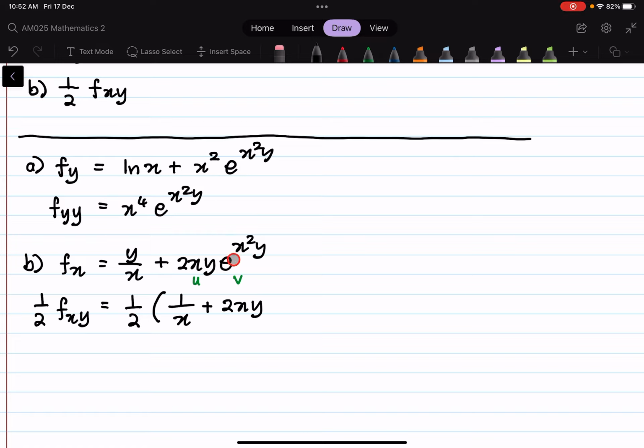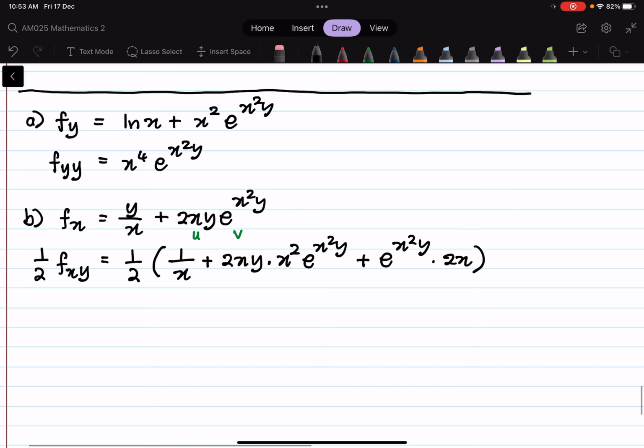So if we differentiate e to the power x squared y with respect to y, we're going to get x squared e to the power x squared y, plus v is e to the power x squared y, differentiate 2xy with respect to y is 2x.